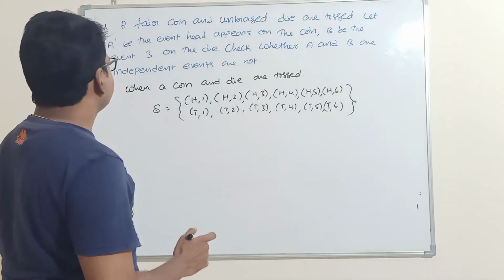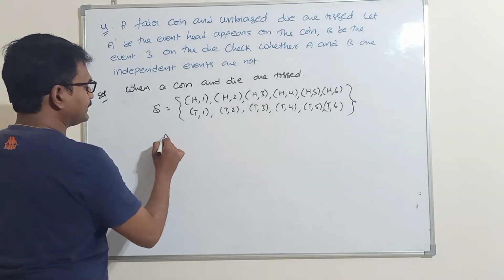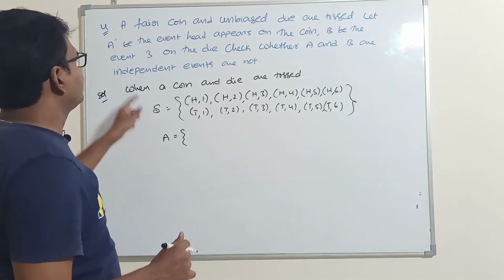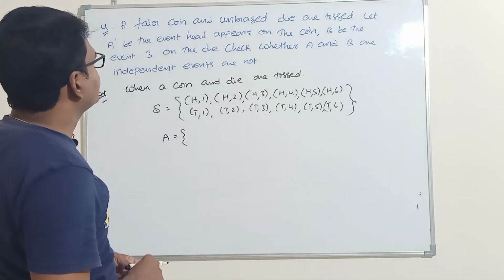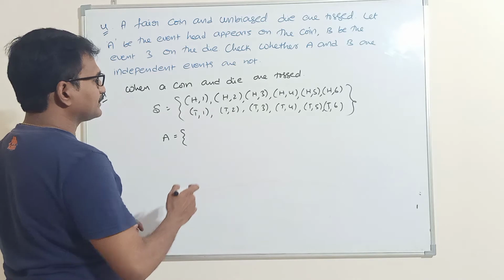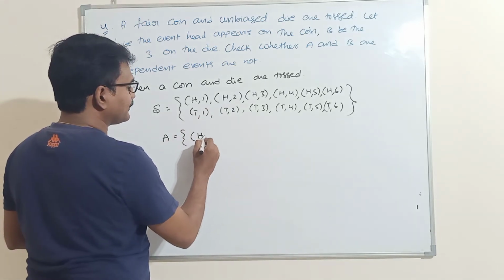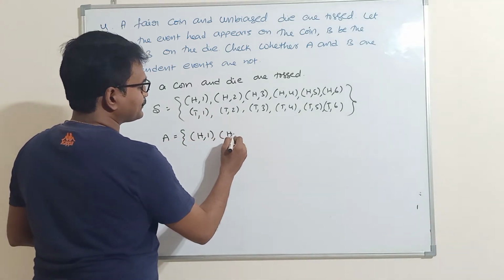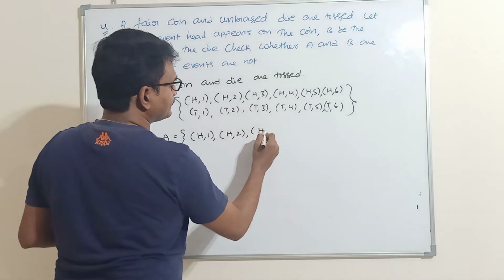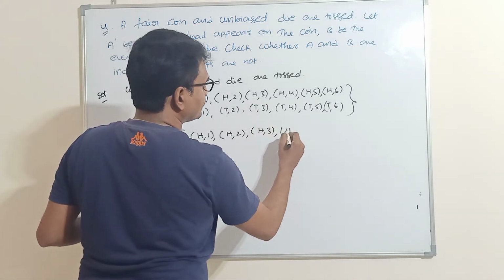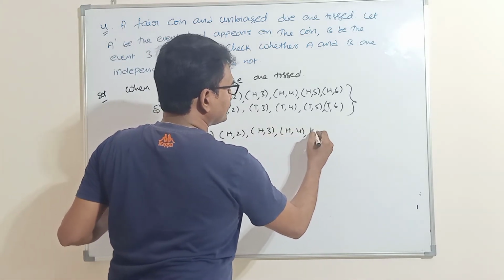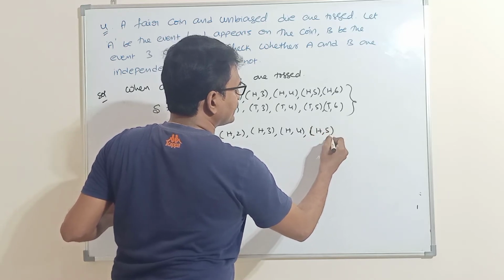Next, what is event A? A denotes the event of head appears on the coin. Head appears on the coin means sample points are H1, H2, H3, H4, H5 and H6.